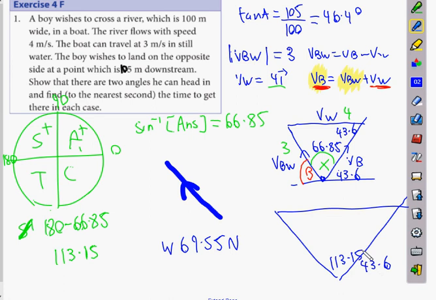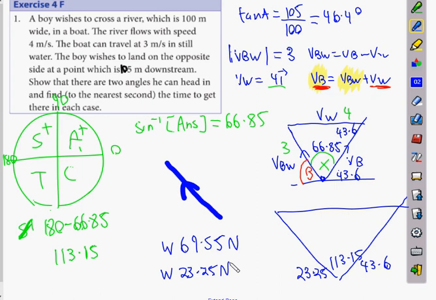Now what about this angle here then? 23.25. So this time, to get the same answer as before, it's going to be west 23.25 degrees north. Alright?